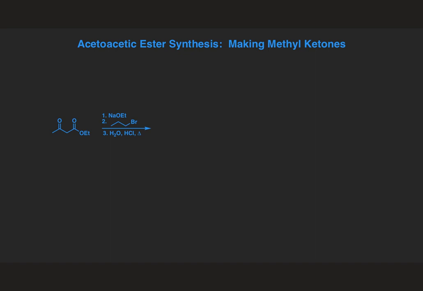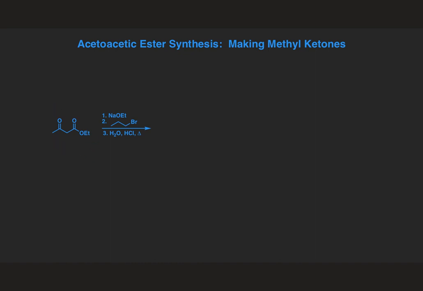The acetoacetic ester synthesis is very similar to the malonic ester synthesis, except that we're going to use it to form methyl ketones instead of carboxylic acids. And in this case, again, it gets its name from the starting material you use. This is an acetoacetic ester.